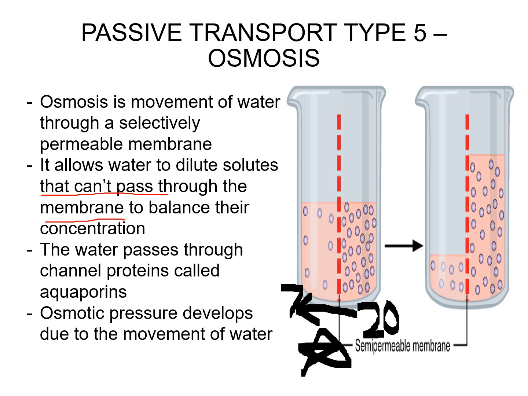Now, what if these particles are too big? Or what if we don't have proteins to help them through? That concentration gradient is not going to want to stay there. These particles are going to want to have balance, equilibrium. So what can we move? If we can't move the particles, maybe we can move something else to help try to balance this out. And as you can see on the picture on the right, what we can move is water.